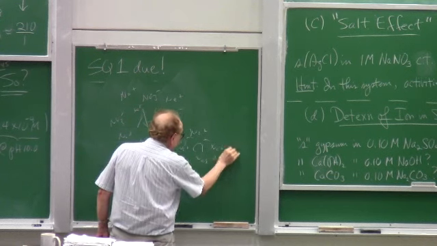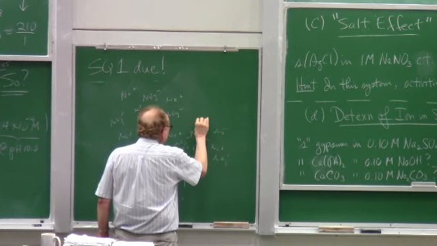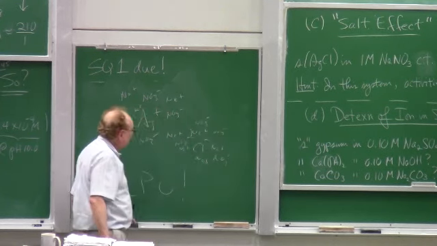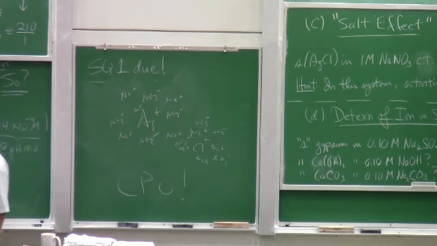Okay? So what you got now is a system in which a silver ion in solution is in this protective sheath of nitrate ions and sodium ions. A chloride ion in the system is in this protective sheath of sodium ions and nitrate ions.